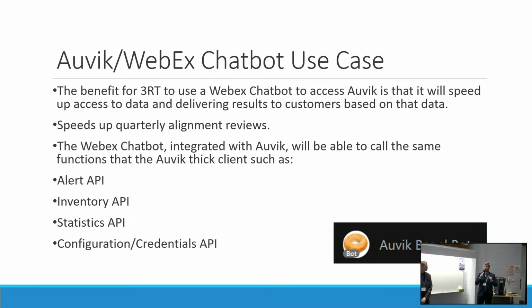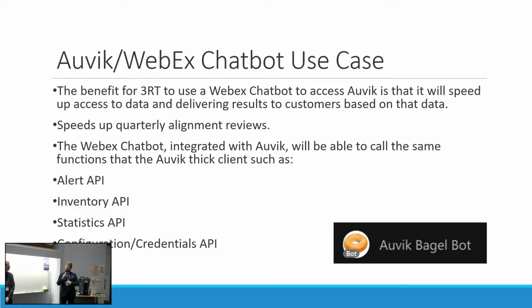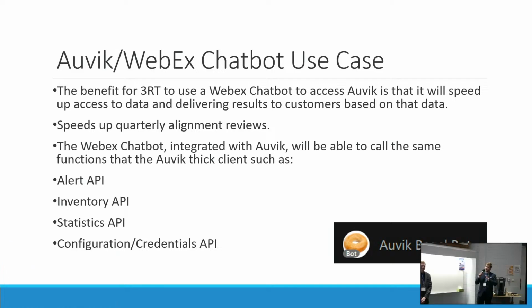It is a lot faster than actually logging into Auvik, as we will display later on. This chatbot is also able to get any information through the APIs that Auvik provide, such as APIs for alert, inventory, configurations, and statistics.